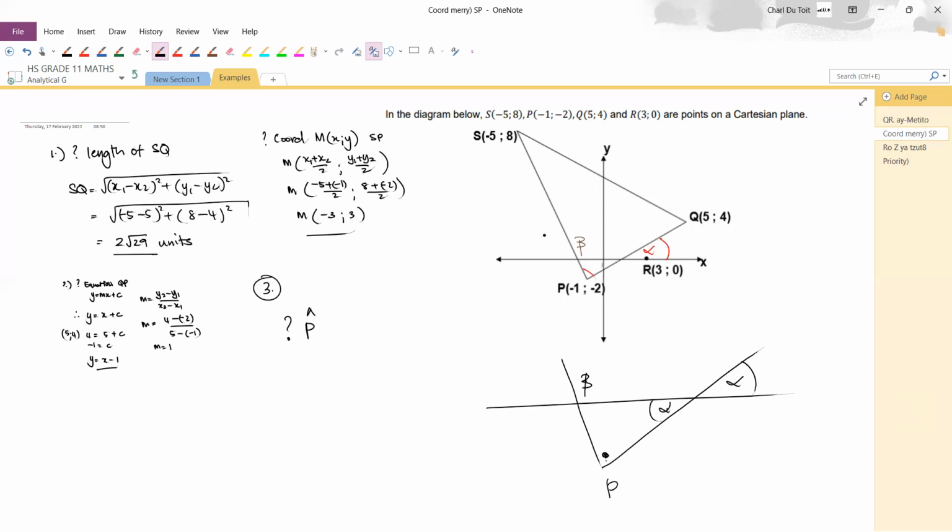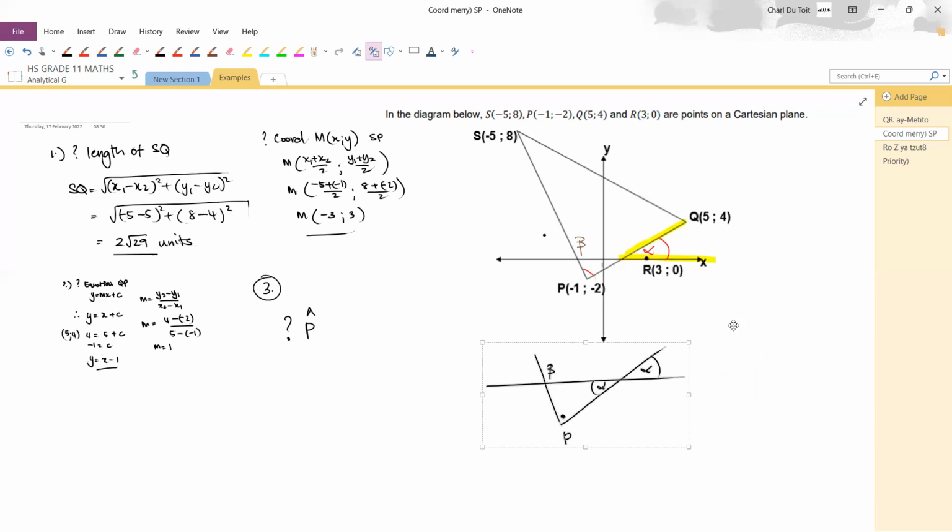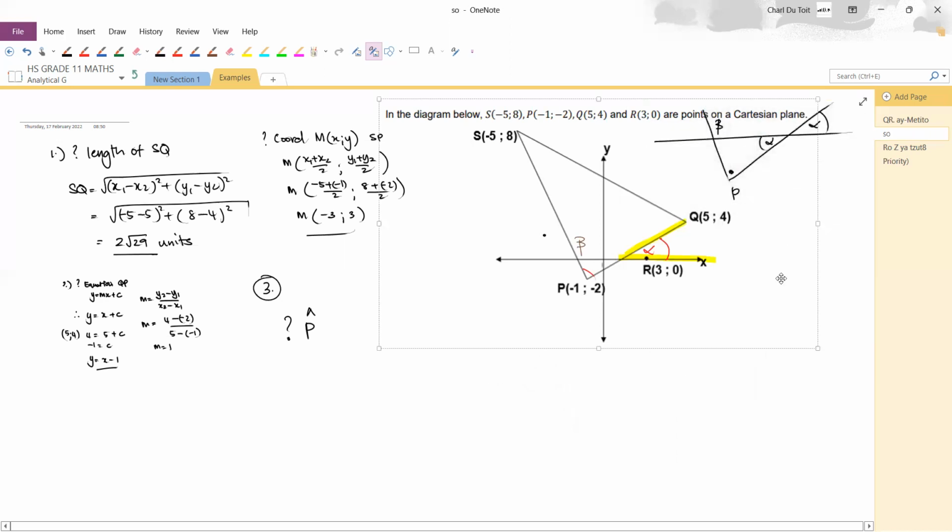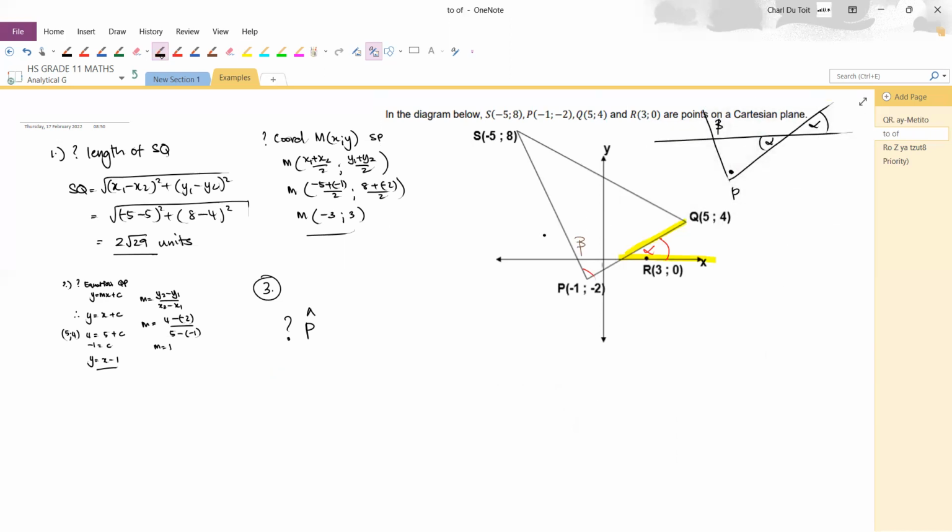Okay, so the first step, you're going to find the inclination angle of QP. You're going to find this angle here. Quickly do that. We're going to do that together. So step one, tan alpha is the gradient. You need to find the gradient of this PQ line.